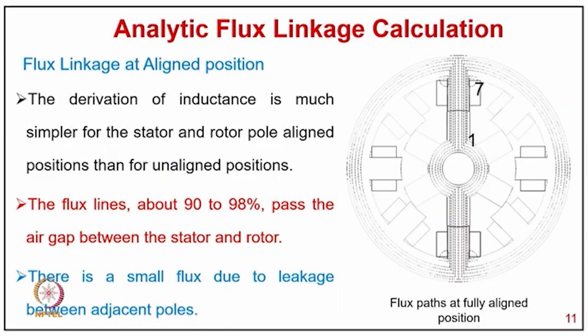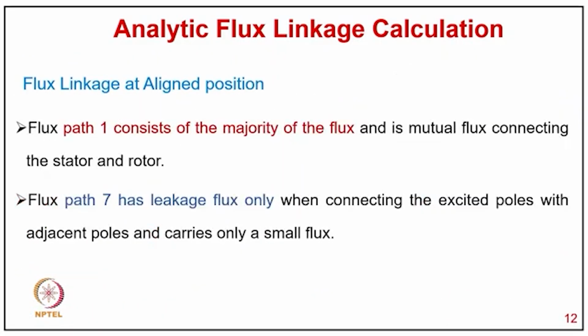Now, typically taking the flux linkage at the aligned position, as you can see in the diagram, with the notation of 1 and 7 showing how the rotor and stator poles are aligned. The derivation of the inductance is much simpler for the aligned position of the stator and rotor poles than for the unaligned position, and about 90 to 98% of the flux lines pass across the air gap between the stator and rotor, and there is a small flux due to leakage between adjacent poles.